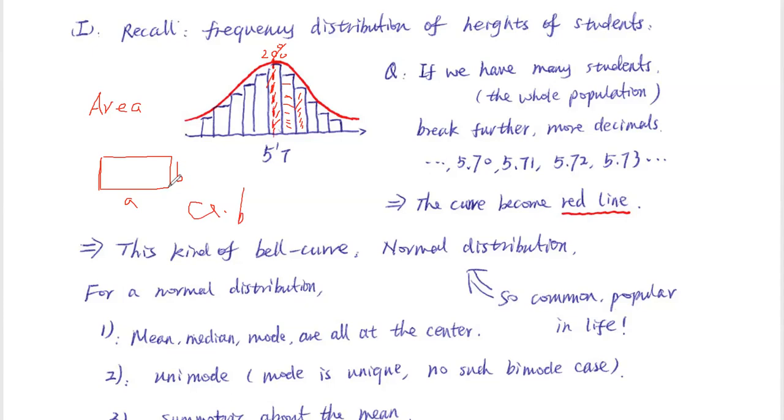If A is 0, that means the base is 0. Then this rectangle becomes what? It becomes flat, one line. If A becomes 0, it shrinks, so it becomes one line. What's the area of one line? There's no area. You can consider A equal to 0, and 0 multiplied by anything is 0. So that's the reason we say if it's just one line, the area is 0. In other words, the probability is 0.